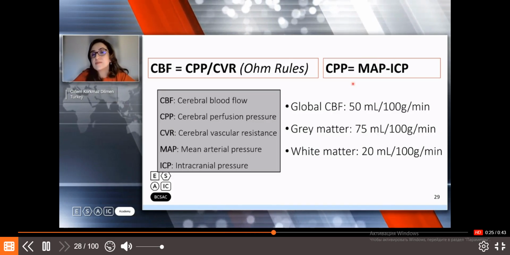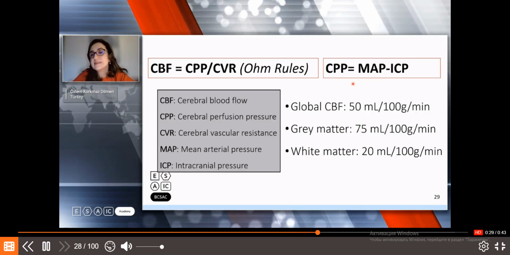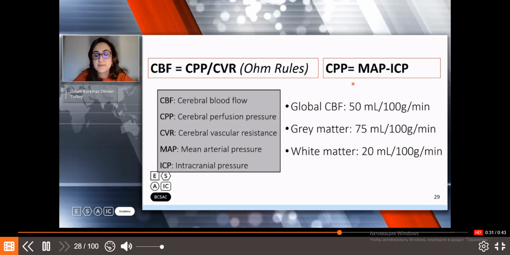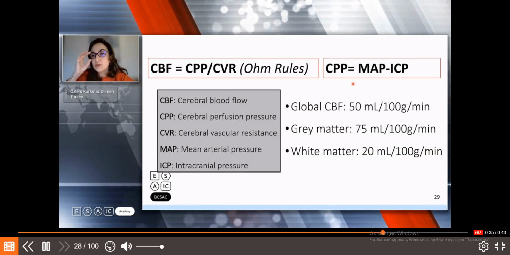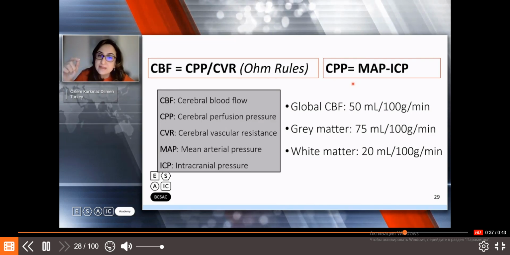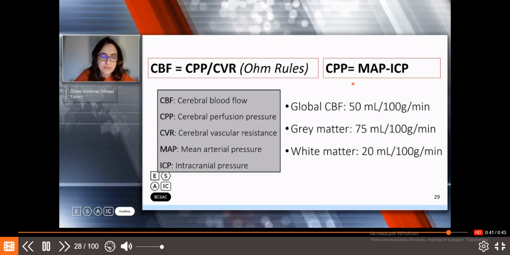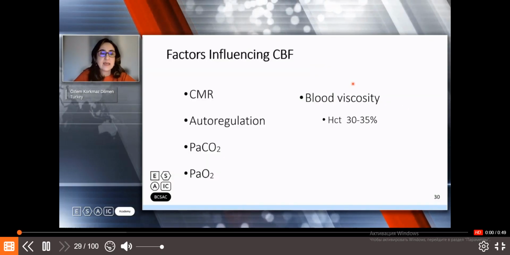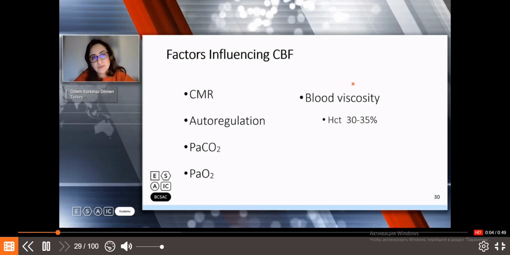The global cerebral blood flow is almost 50 milliliters per 100 grams of brain tissue per minute, and it is higher in the gray matter than white matter because the neuron bodies are located in the gray matter and they need higher metabolic activity. Several factors influence cerebral blood flow.